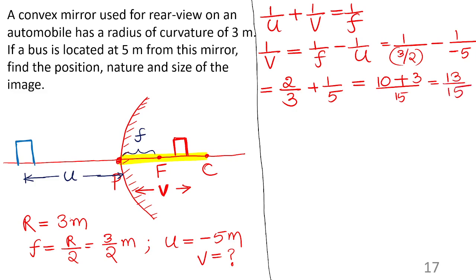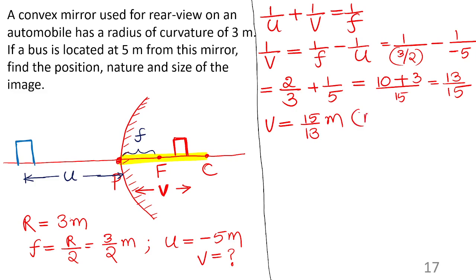This is not v, this is actually 1 by v. The left hand side is 1 by v. But I want v. Just take the reciprocal. V is obtained by taking the reciprocal, 15 by 13 meter. You need not do the division.